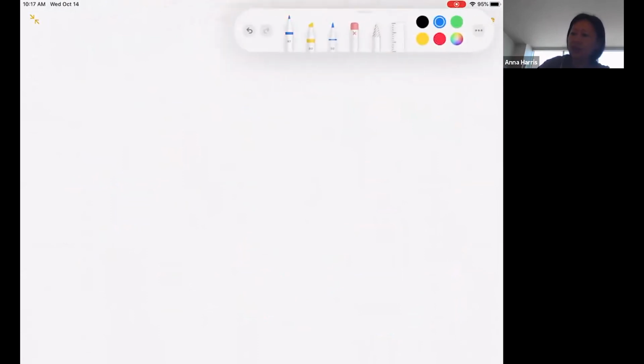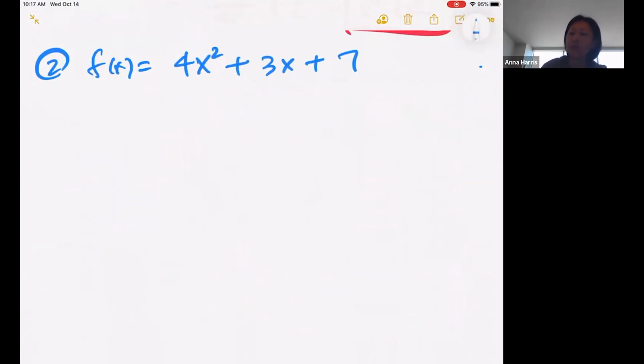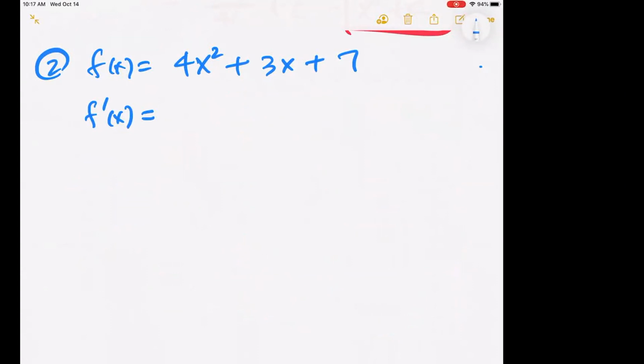So if I give you this problem, let's check again. What is my derivative? Marzi, what's my derivative of this? 4x.